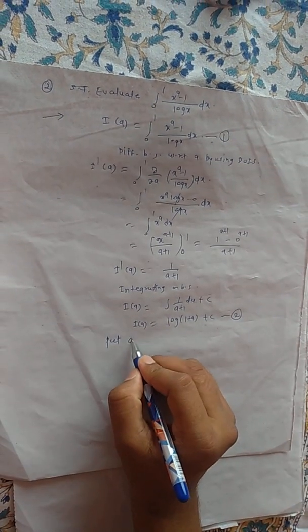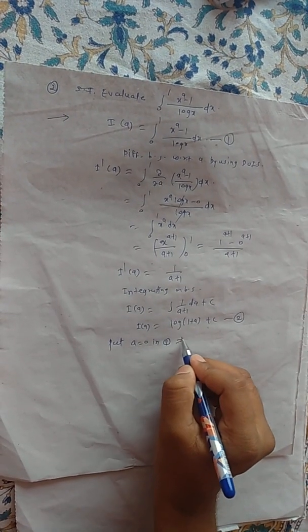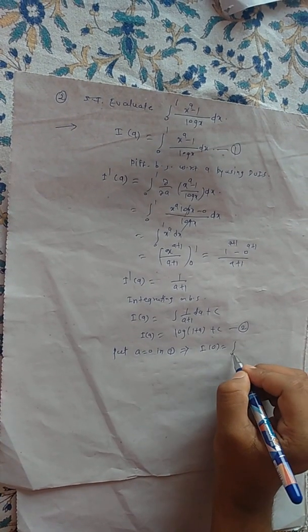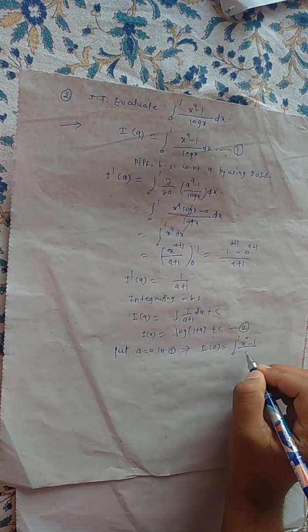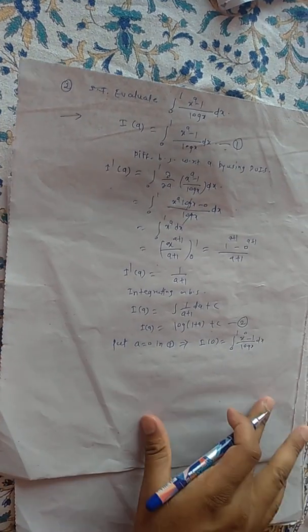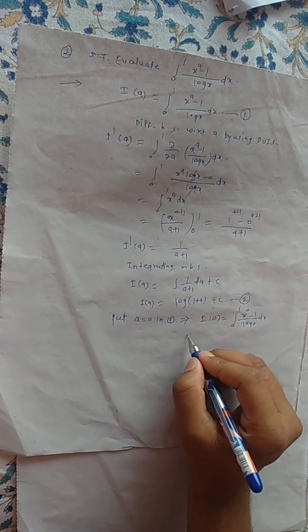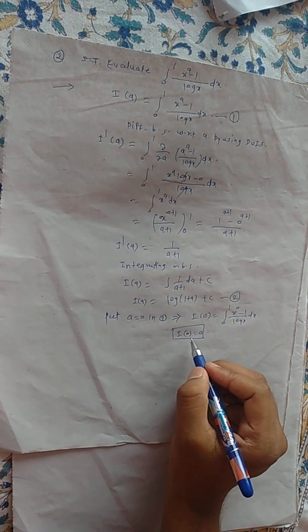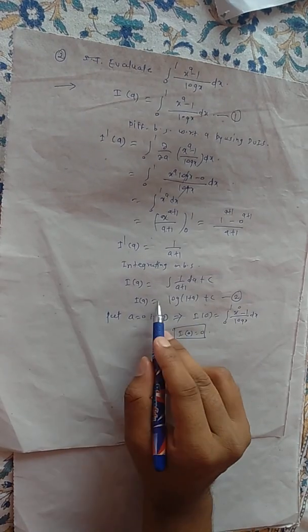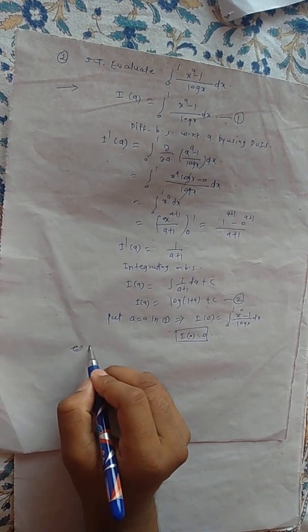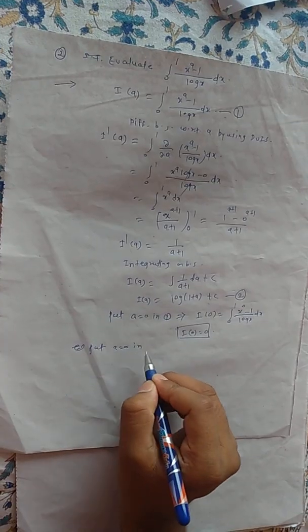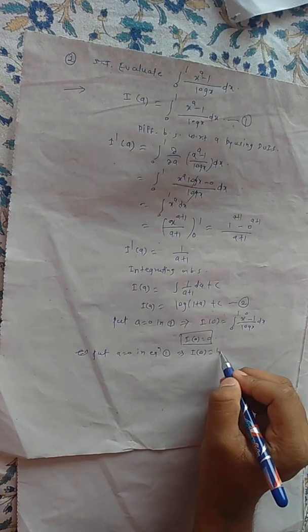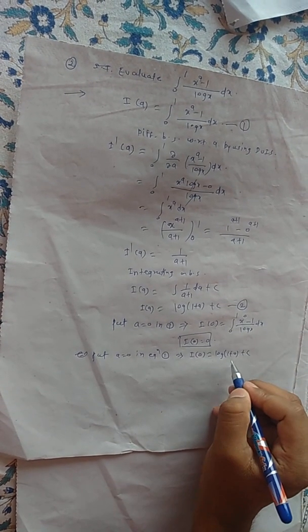So I'll put a is equal to 0 in equation 1, which implies that I of 0 is equal to integration 0 to 1 x raised to 0 minus 1 upon log x dx, and x raised to 0 is 1, 1 minus 1 becomes 0, so I of 0 is 0. Now similarly we put a is equal to 0 in equation 2, which implies that I of 0 is equal to log of 1 plus 0 plus c.